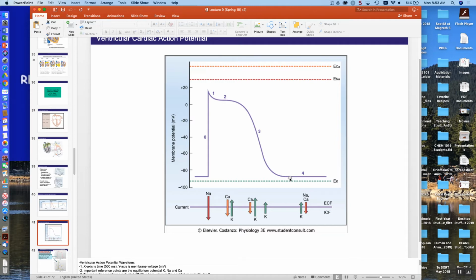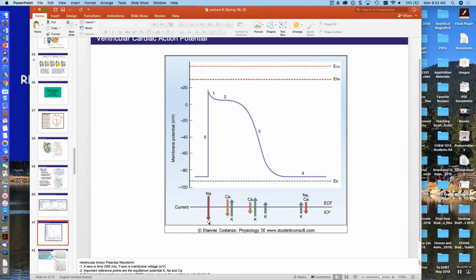So again, the action potential waveform is due to the expression of these ion channels, right? And how they open and close with changes in membrane voltage, just like we've learned before. So this rapid depolarization phase, phase 0, is due to the opening of voltage-gated sodium channels.